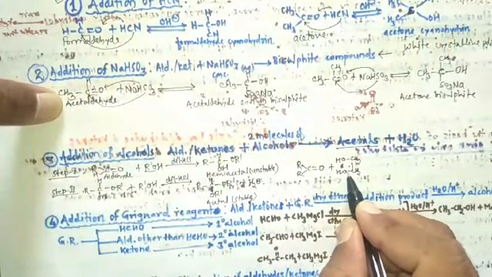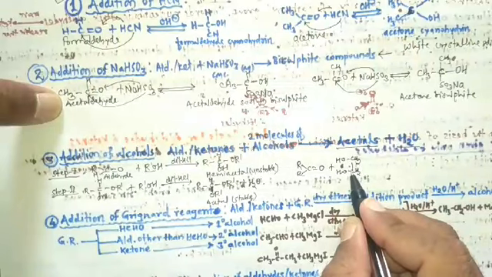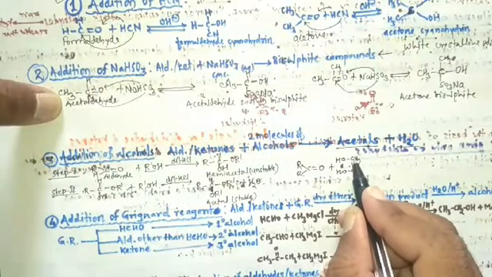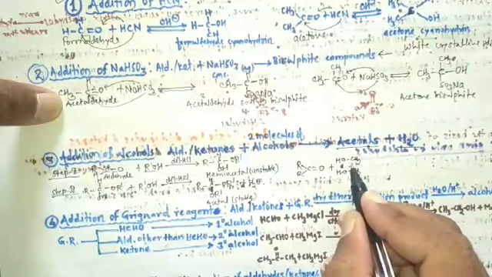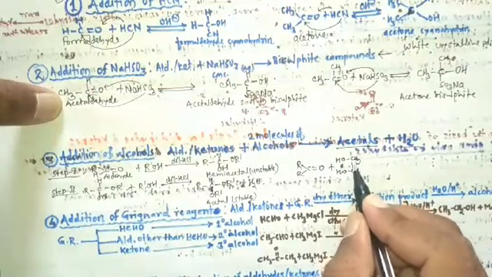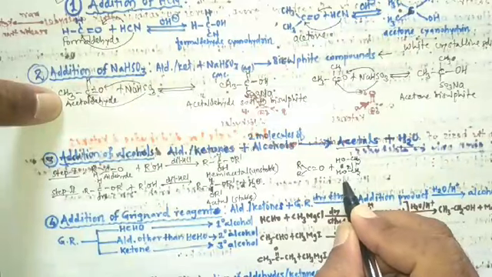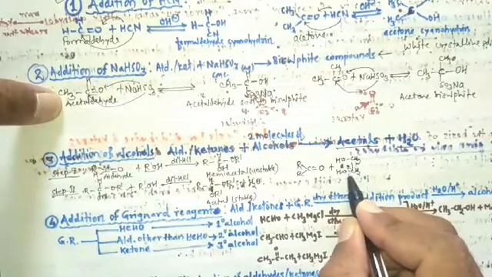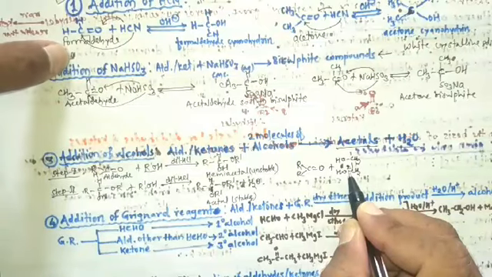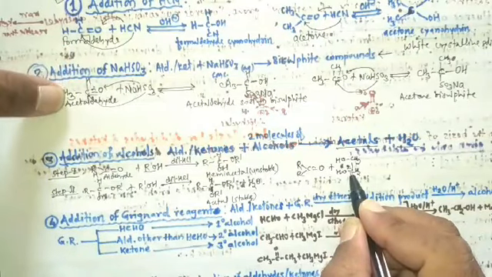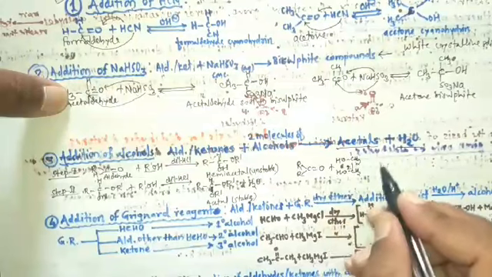So this is 1,2 diol. Its name is ethane 1,2 diol. Two carbon atoms are present, that's why parent alkane is ethane. On first and second carbon atom there is a presence of hydroxyl groups, that's why 1,2 diol. So this is ethane 1,2 diol.